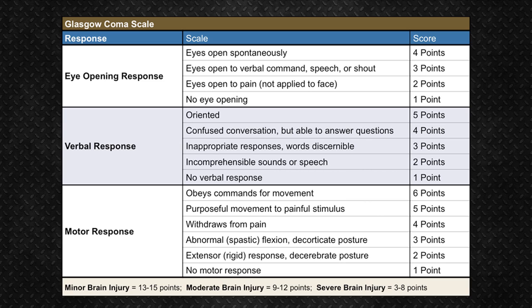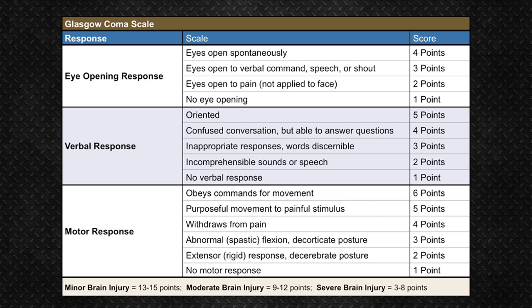Inappropriate words, 3 points. And then 2 is kind of the catch-all, or any type of sounds, grunts, moans. You ask them a question and they kind of babble. Anything that you can't really discern, you would give it a 2. And then no verbal response at all would be 1 point.